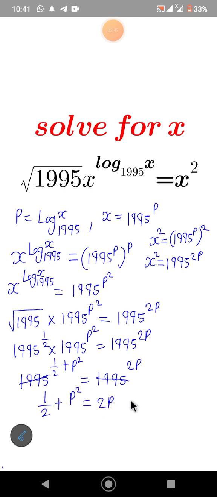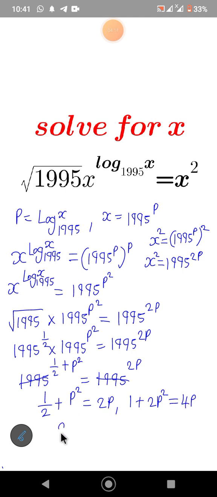Now I'm going to multiply everything here by 2. So we now get 1 over 2 multiplied by 2, that gives us 1, plus p square multiplied by 2, that gives us 2p square, all equal to 2p multiplied by 2, that gives us 4p. Then the next thing now, I'm going to rearrange this to get a quadratic equation.